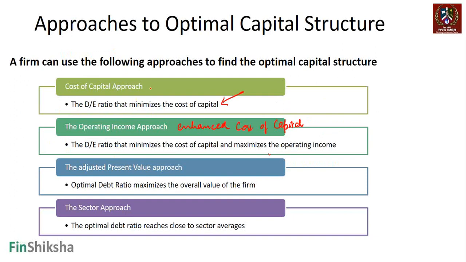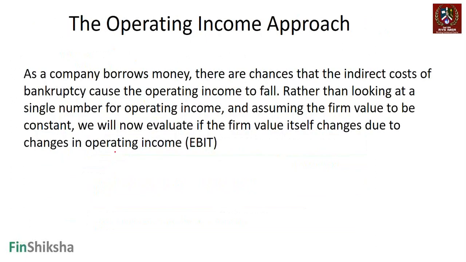And so as you keep increasing the debt in the firm, there will be an impact to the operating income as well. Operating income will start going down, correct? So effectively, as the company borrows money, there are chances that the indirect costs of bankruptcy cause the operating income to fall.